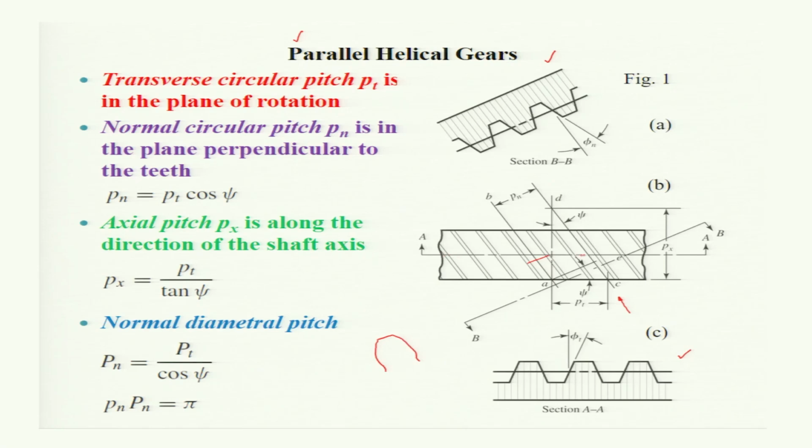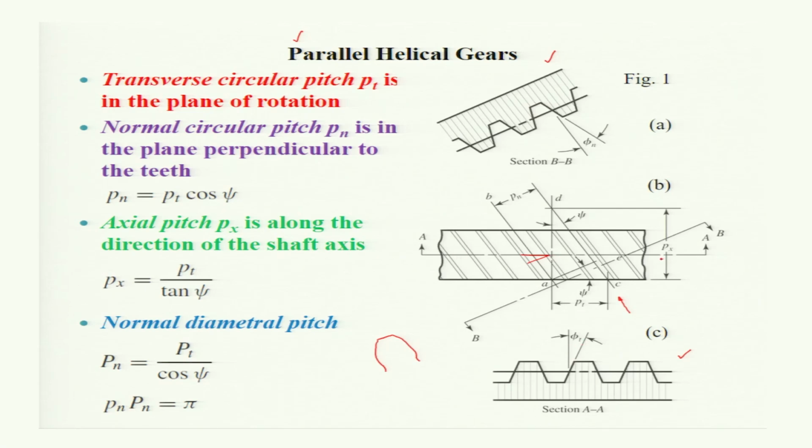And when a section is taken in the transverse or tangential direction, then the thickness is this one. So bigger teeth will look when you see from this direction. So along AA, a thicker tooth will be there, and along BB, a thinner tooth will be there.